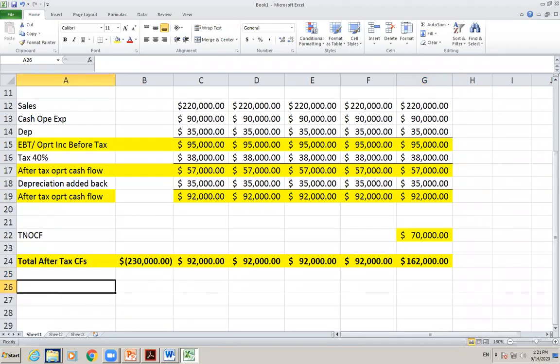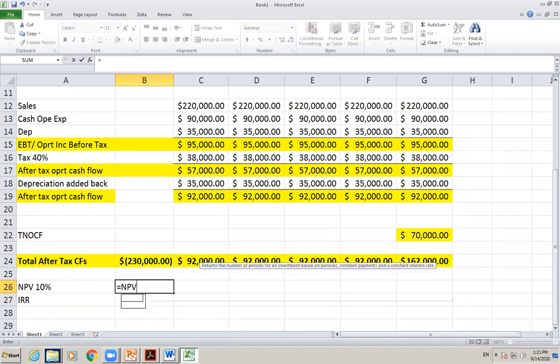So NPV with a 10% discount rate and IRR. And the rest is the same. You know how to calculate the NPV here. It's very easy. You just type NPV. The rate we said is 10%.